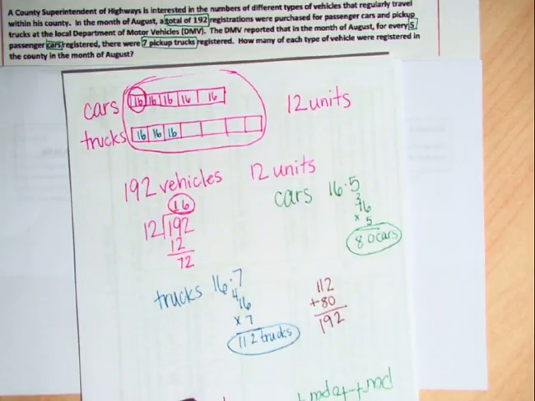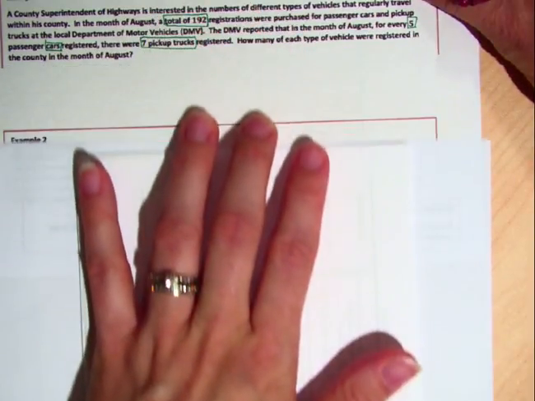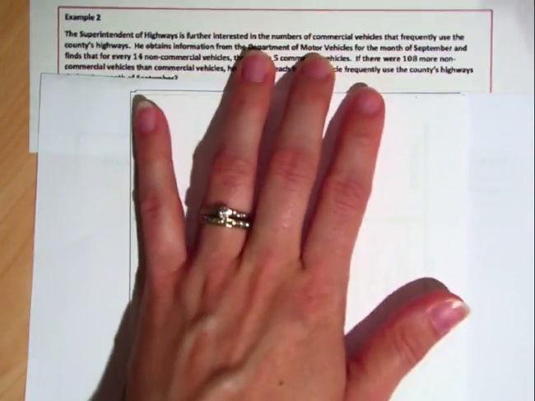Okay, let's try another problem. It's very similar, but it has a different method for going about solving it. This problem says that the superintendent of highways, so it's still the same guy, is further interested in the numbers of commercial vehicles, those used for businesses and like the big truckers that drive across the highways, that frequently use the county's highways.